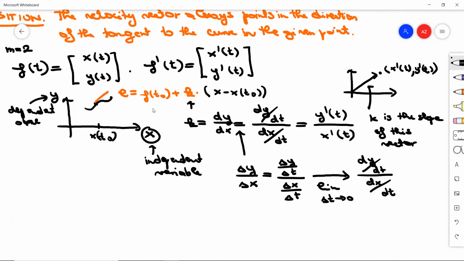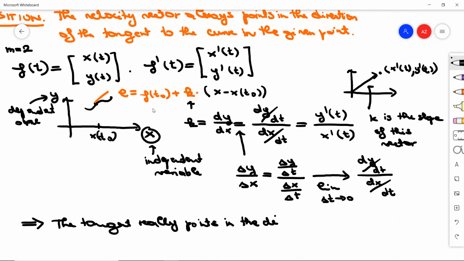So the tangent really points in the direction of f prime of t.